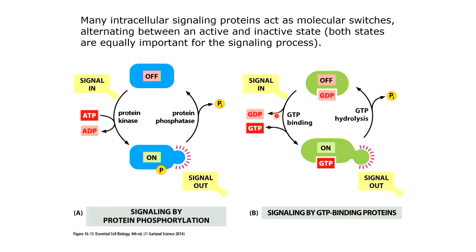Or there is GDP and GTP binding, where if you have something off, bound with GDP, some type of protein will knock off that GDP, and now GTP can bind, which will help the protein signal. And then hydrolysis, similar to a phosphatase, will take a phosphate group off that GTP, and it looks like it used to, with the GDP and the off protein.